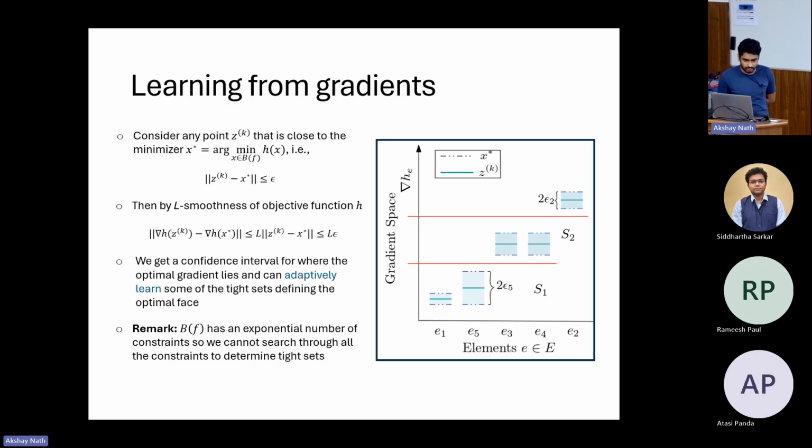I'll have that guarantee from an iterative optimization algorithm. So if I'm not very far away from the optimal, whatever variation I have in each coordinate, I have the guarantee that the first two elements in S1 are never going to be able to exceed the elements in S2, right? So no matter how bad the variation is, the value of element E1 is always going to be smaller than the element E3 in the gradient space.